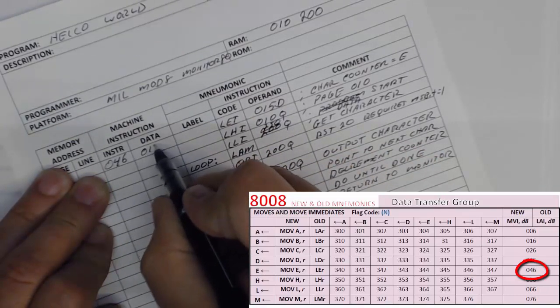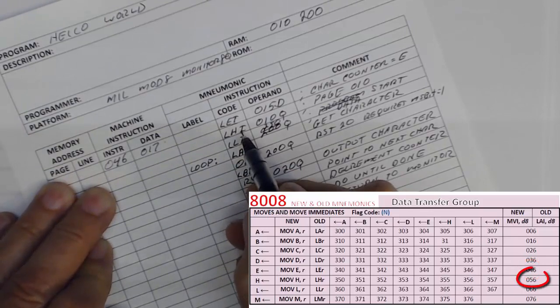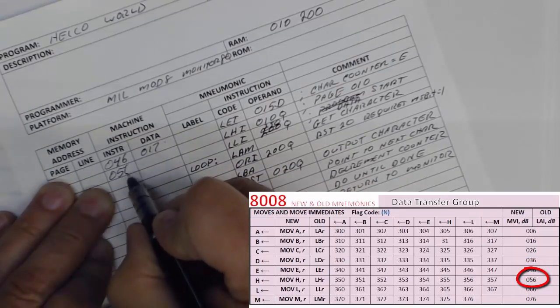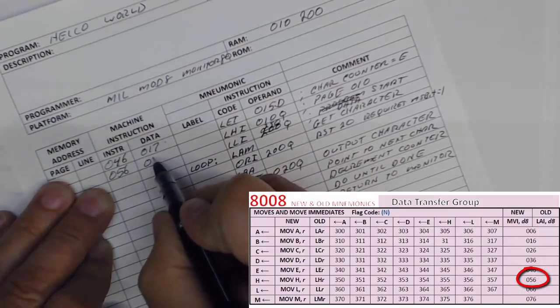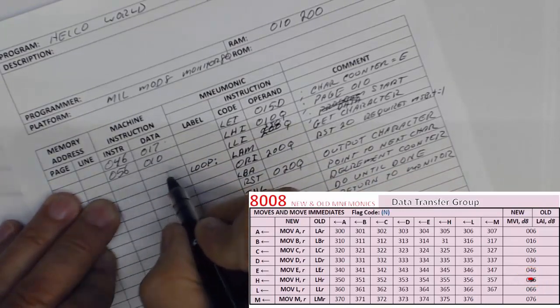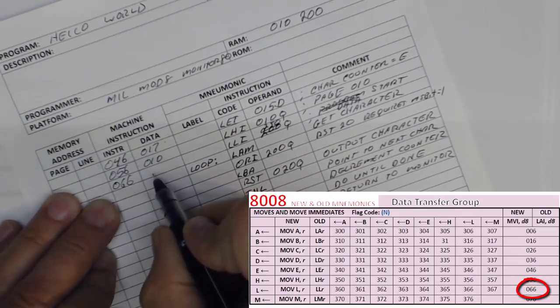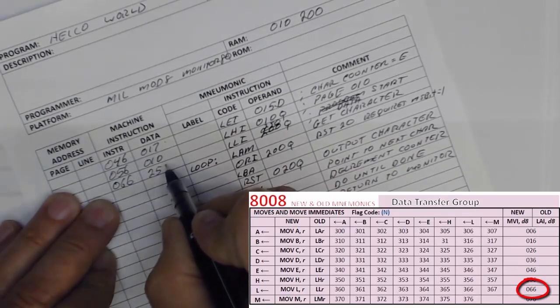So it's 017 in octal. LHI is 056, and its data is 010 in octal. LLI is 066, and its data is 250.